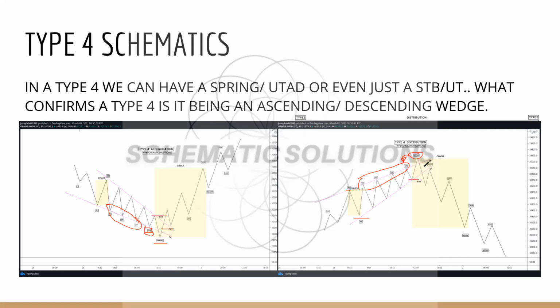Once we break structure, we can catch our test entry off of the UTAD and continue taking it lower. So that's the type 4. Ultimately, our type 4 is just a wedge. So type 1s, we're looking for a spring. Type 2, we're looking for no spring. Type 4, we're looking for a wedge. And those are really the 3 schematics I focus on myself.